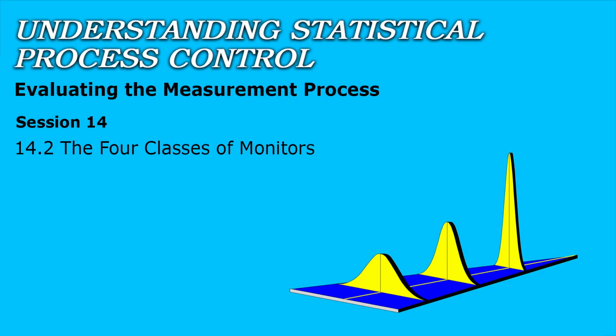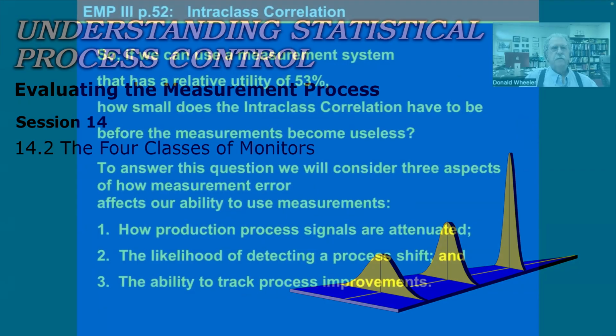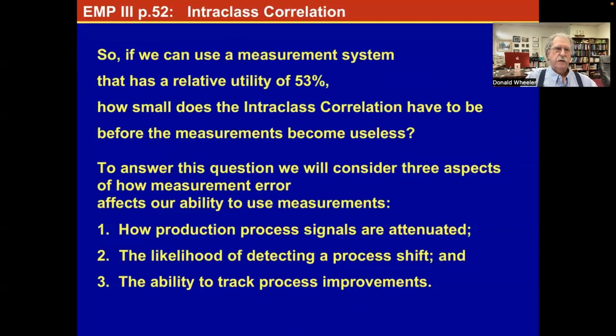We now use the intraclass correlation to define different classes of process monitors. These classes are summarized in Chapter 4, but are explained in detail in Chapter 15 of Evaluating the Measurement Process. Well, if we can use a measurement system that has a relative utility of 53%, how small does the intraclass correlation have to be before the measurements become useless?